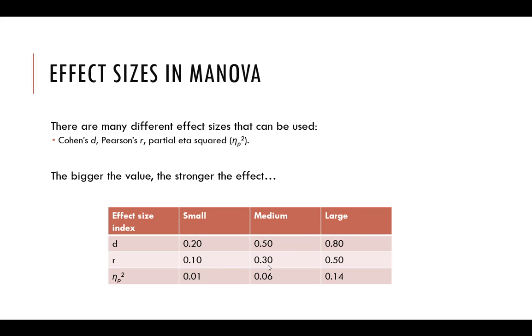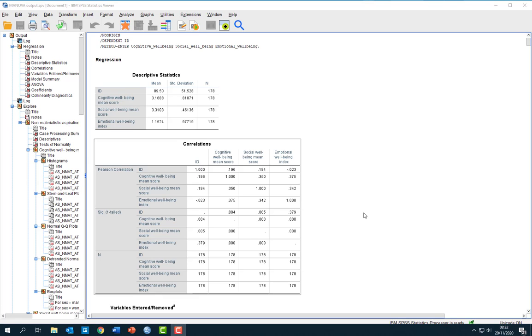So we can see that we have a moderate, medium sized relationship between those two. That's okay. We also have a moderate correlation between cognitive and emotional well-being. And between social and emotional well-being, again, we've got a moderate correlation. So that makes sense.